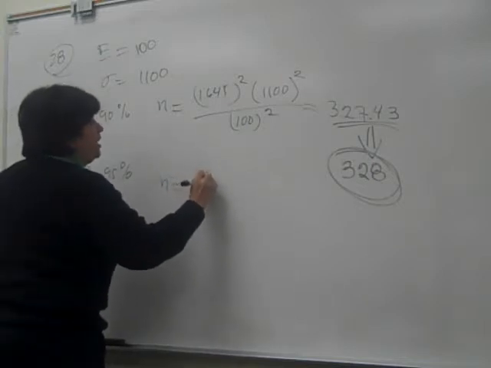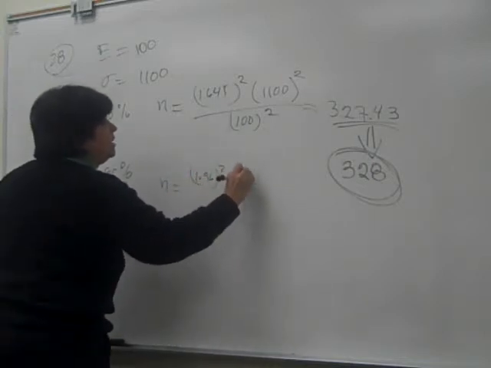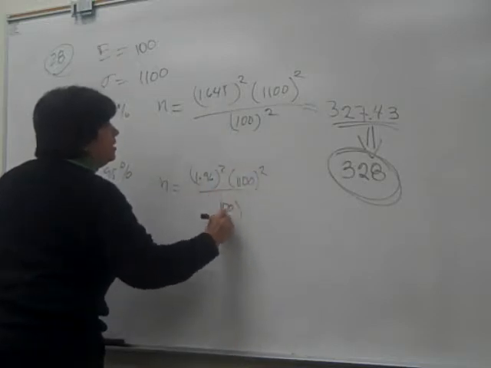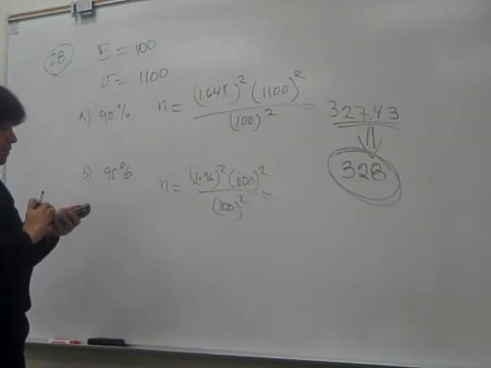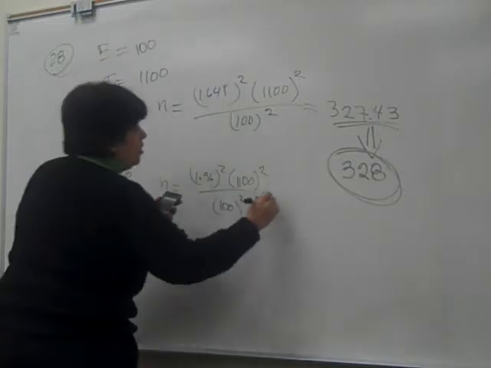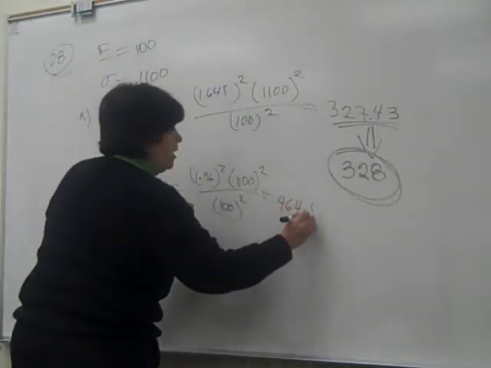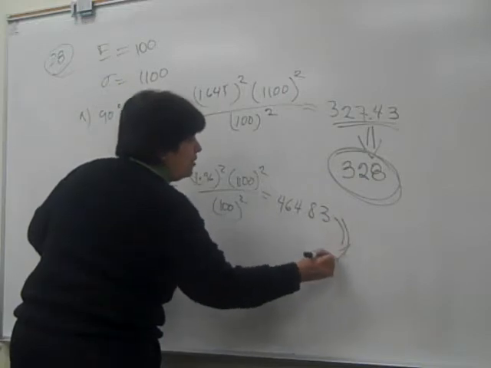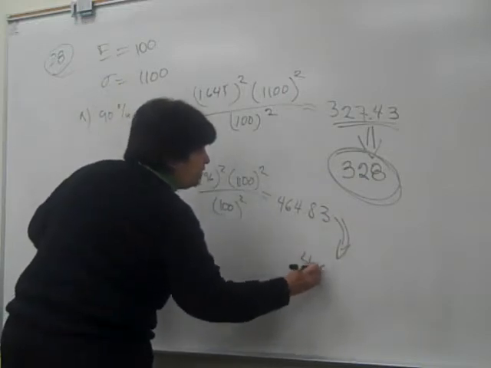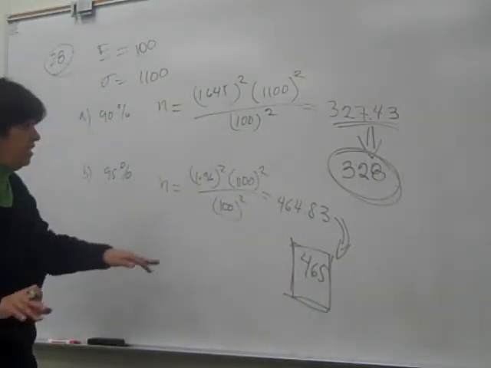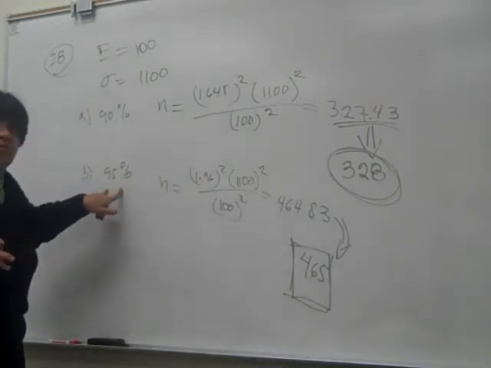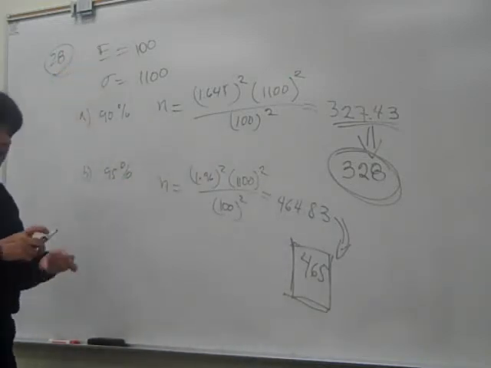That is 1.96 squared times 1100 squared divided by 100 squared, and that is equal to 464.83. We round up, and we end up with 465. This is the minimum sample size in order to achieve a 95% confidence interval for my error of 100.